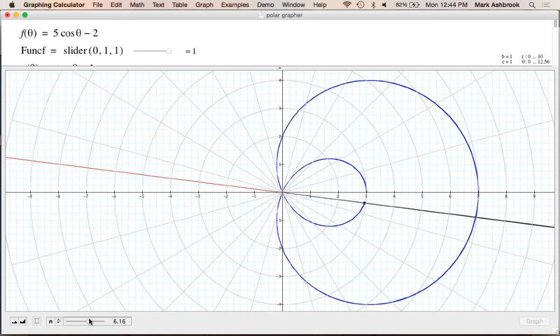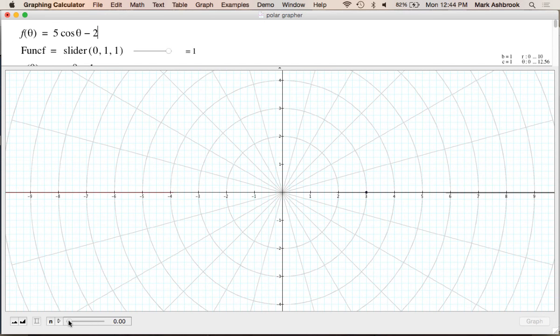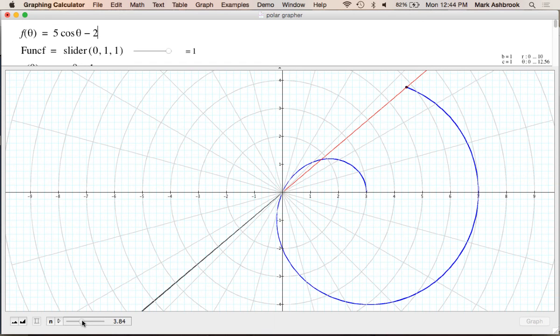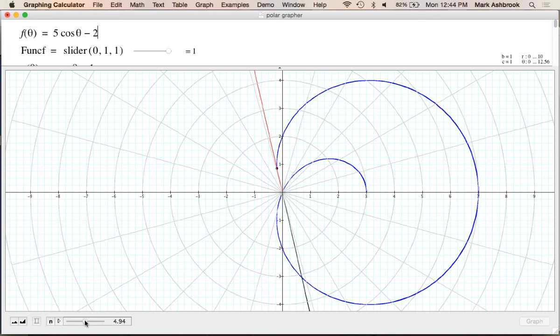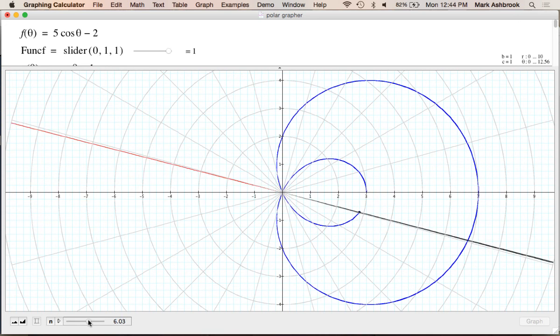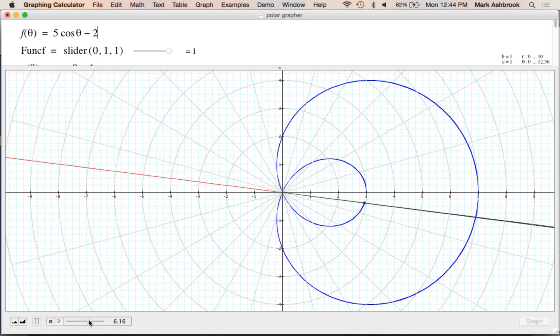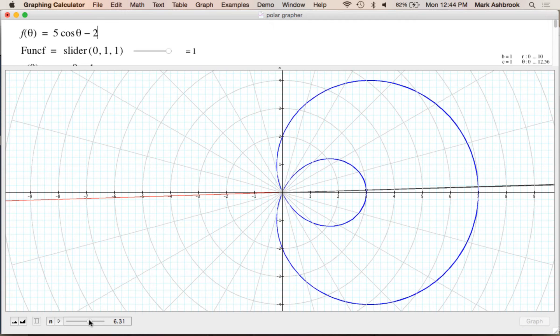And so what I want to know, so remember how that traced out? We started at 3, and then down to 0, and then to negative 2, and then to negative 7 at pi. Then at 3 pi over 2, we were back at negative 2, and then we head back to 2 pi, we got to positive 3 again. So I want to find the area of the inner loop.